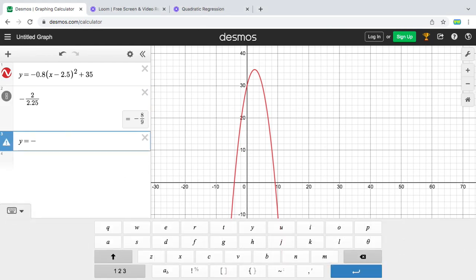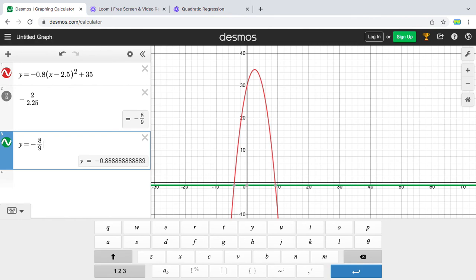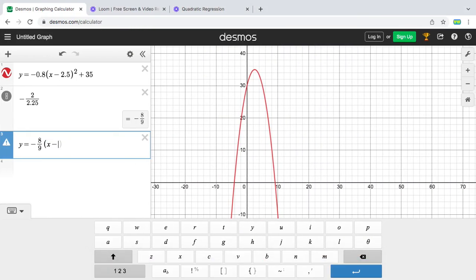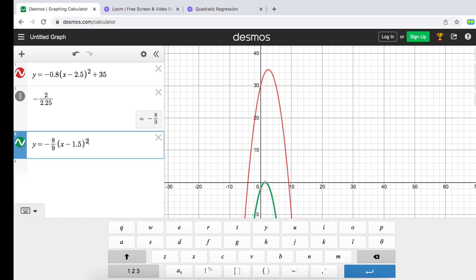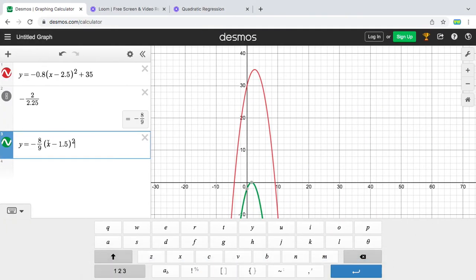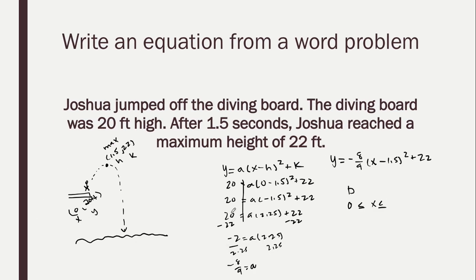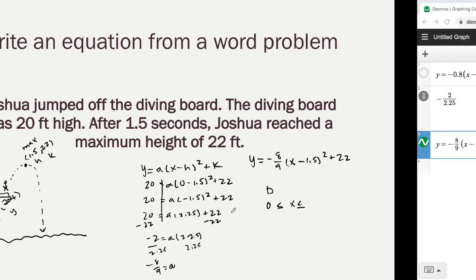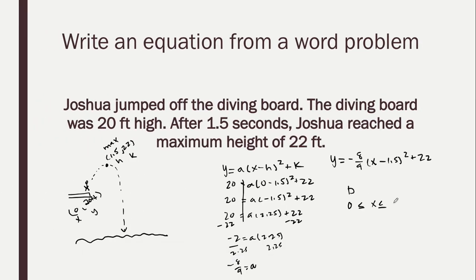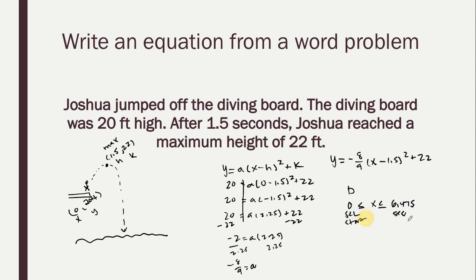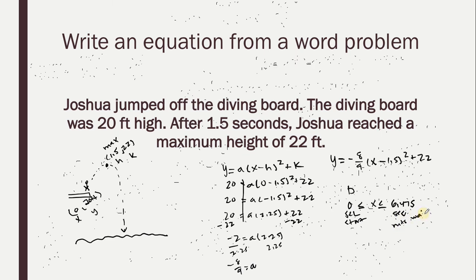Y equals negative 8 over 9, x minus 1.5 squared plus 22, at 6.475 seconds. So these are seconds. So this is his starting. And this is when he hits the water.